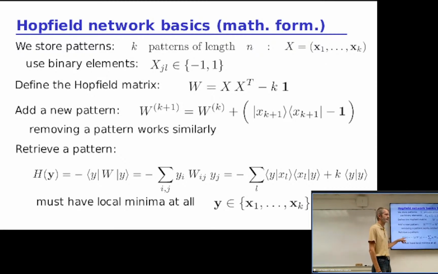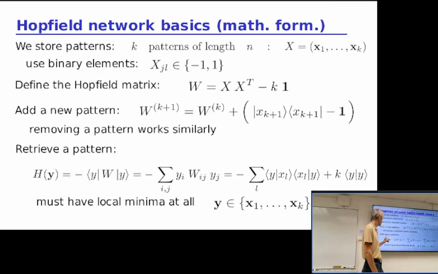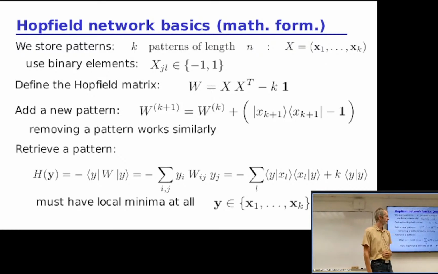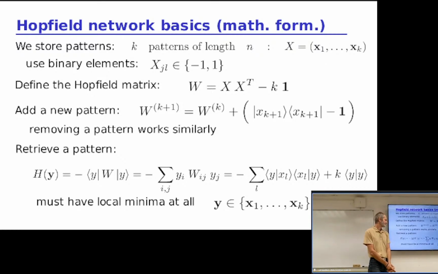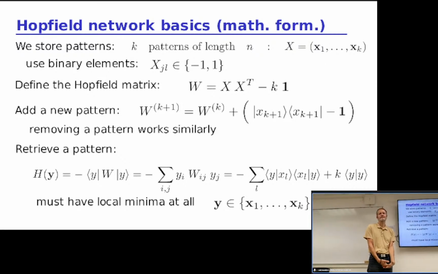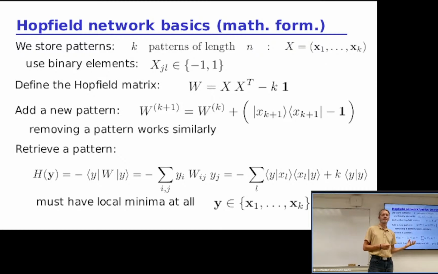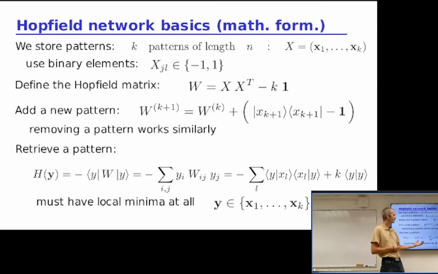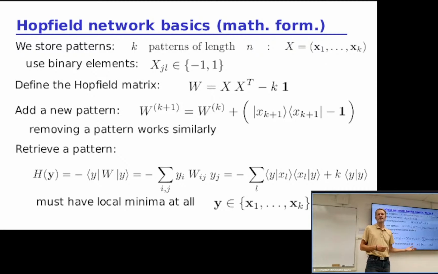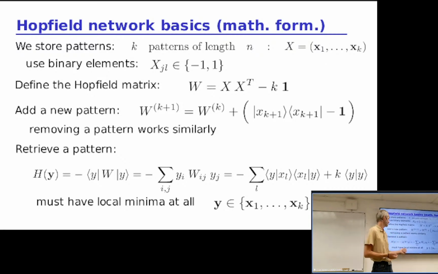So this is a function of a vector y, and if this y coincides with one of the patterns, then there you will have a local minimum. That's not always the case. This is the typical case, this is what you want. To what extent this is really true depends, for instance, on how many patterns you store in your network. If you put too many patterns, then this will fail.